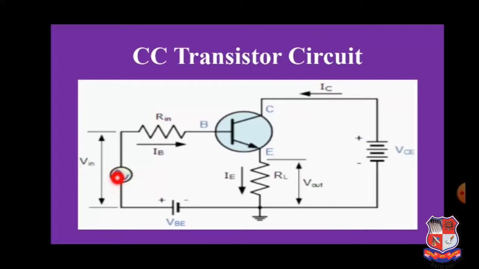Additionally, we have connected an AC generator to have some input voltage Vin flow towards the base terminal, where the base current IB will flow through the internal resistance Rin. The emitter terminal is further connected to the impedance RL, which is your load resistance, and further it is grounded. And in this particular case, at the emitter terminal you will also have the output voltage.